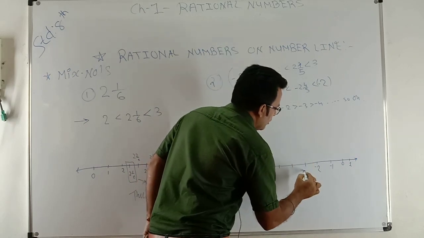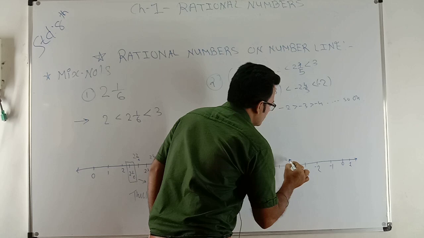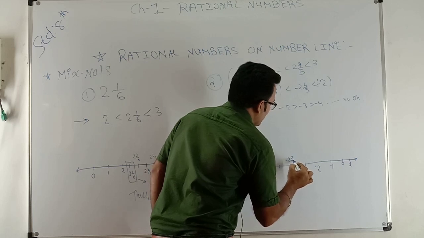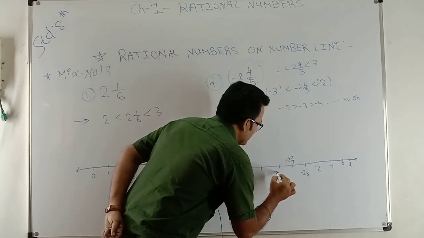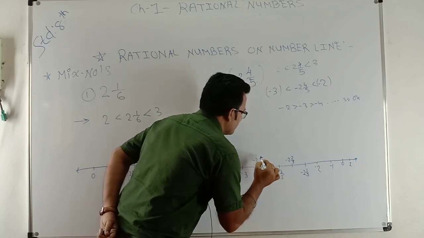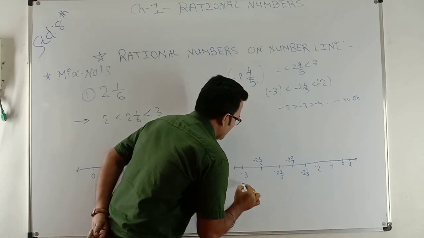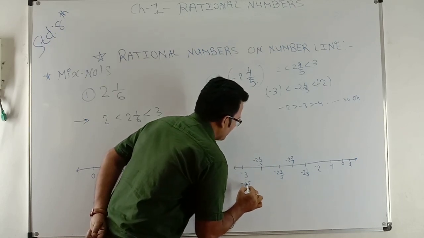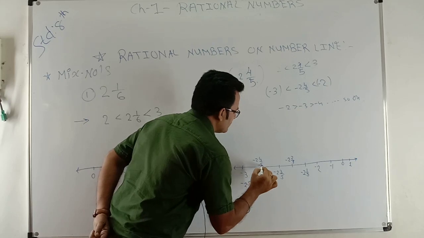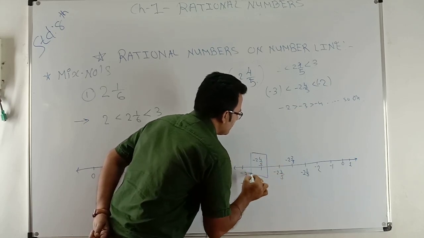Now minus 2 integer 1 upon 5, minus 2 integer 2 upon 5, minus 2 integer 3 upon 5, minus 2 integer 4 upon 5, and minus 2 integer 5 upon 5. So this is our required number.